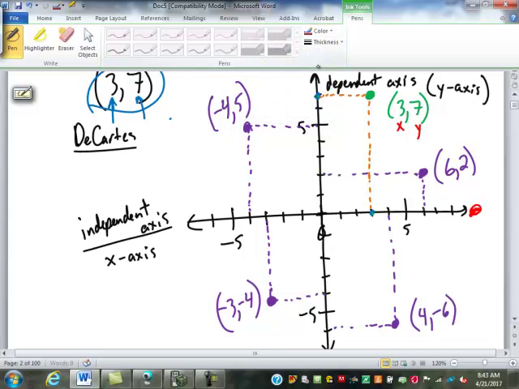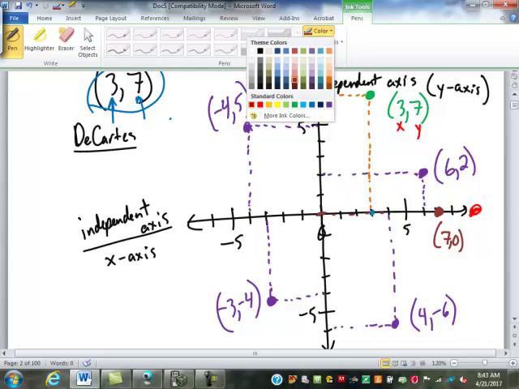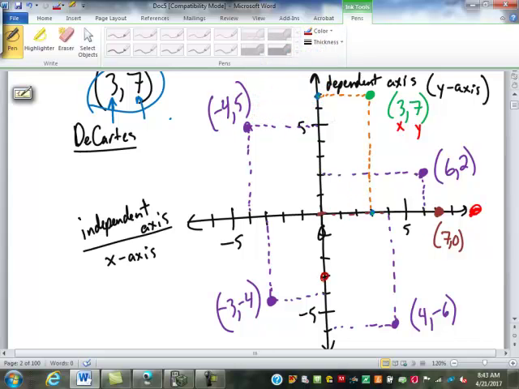A little bit trickier is if I give you a point on the axis. What would that one be called? 7, 0. Good. Because it's 7 on the x-axis and its shadow on the y-axis does still fall on 0. Or how about one here? 0, -3.